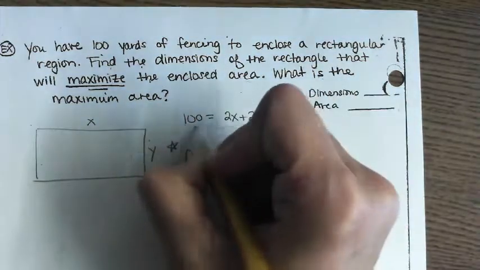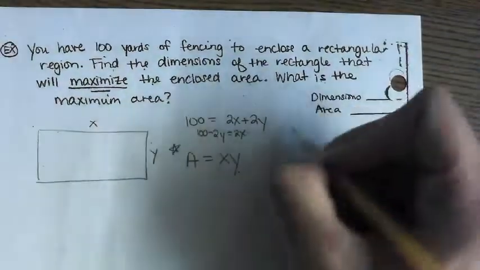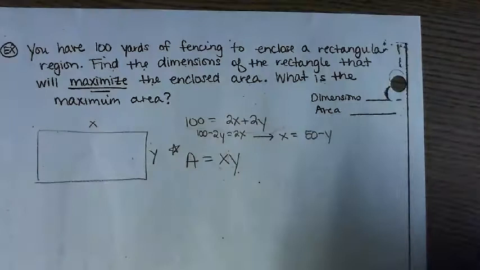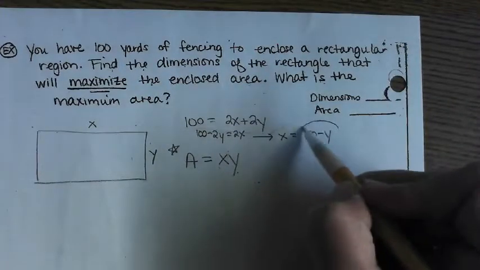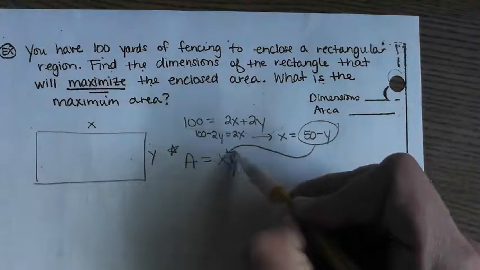So we'd subtract 2Y and divide by 2. So X equals 50 minus Y. And then we're going to use that to plug in over here.